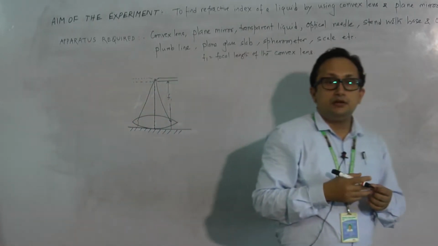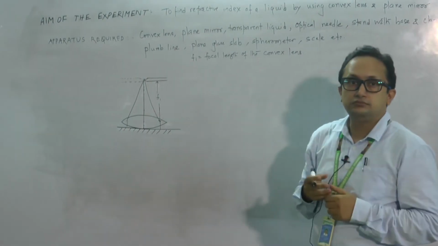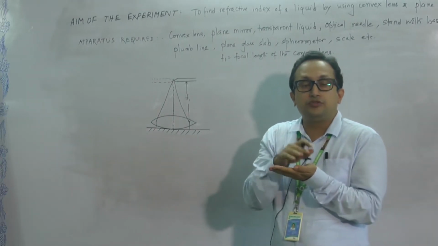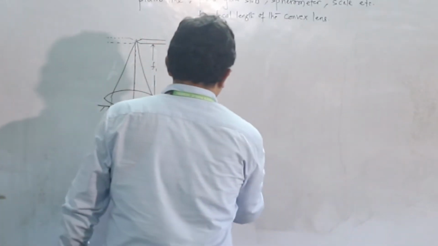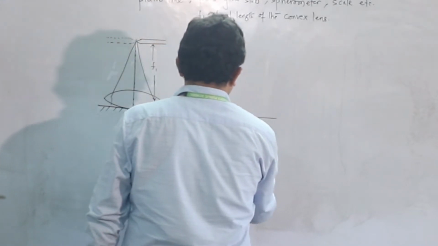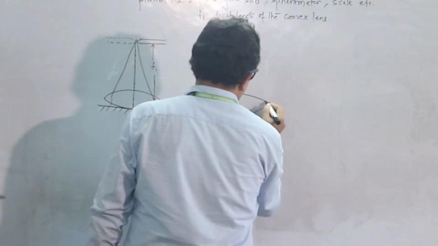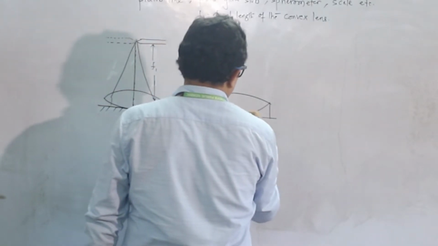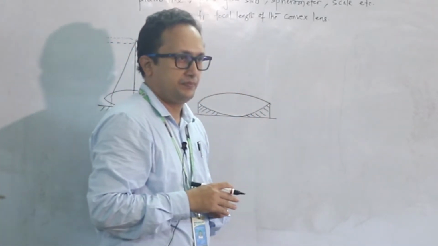Now to determine the refractive index of the liquid, I take away the lens and I will now put some liquid, the liquid whose refractive index is to be calculated. So I take out the lens, put some liquid and again place the lens back. Now here you have to observe that when I place the lens back, there will be a layer of liquid that will be trapped under the lens and in between the mirror.